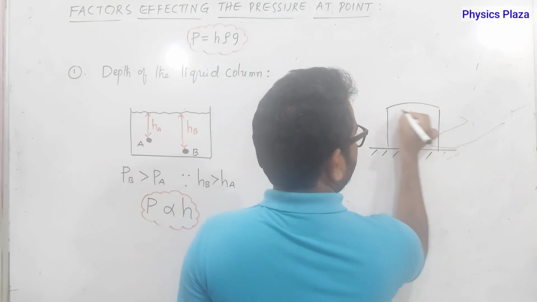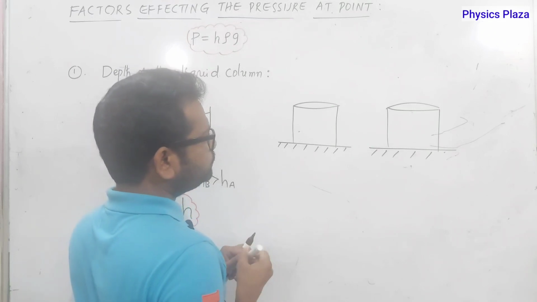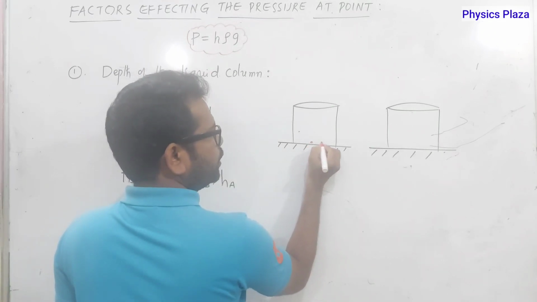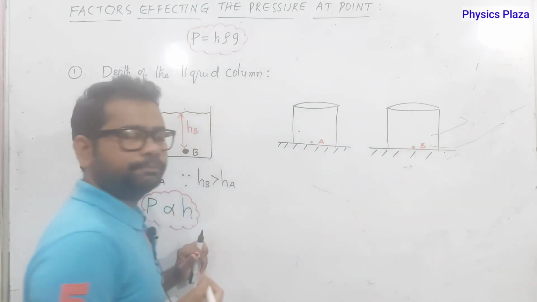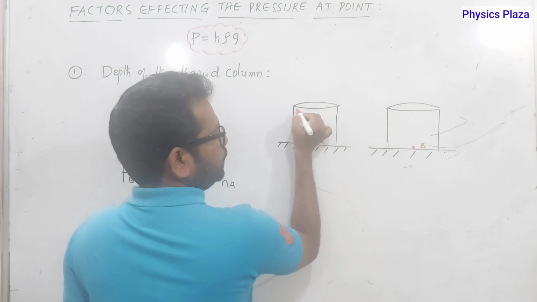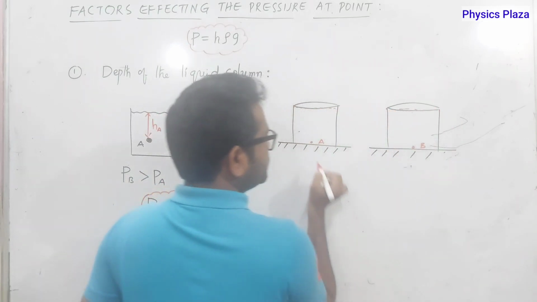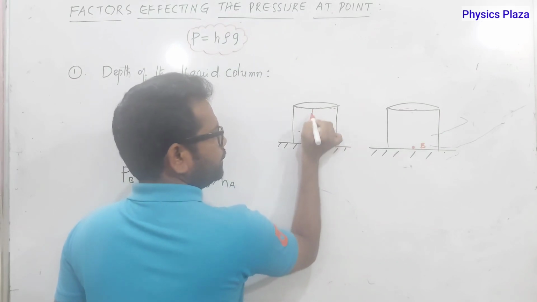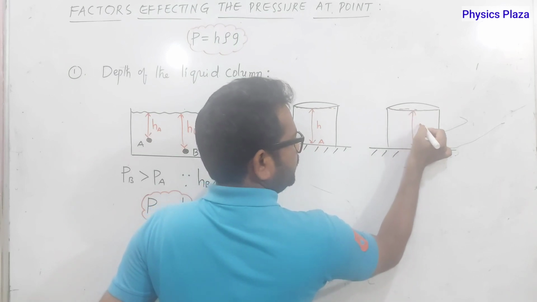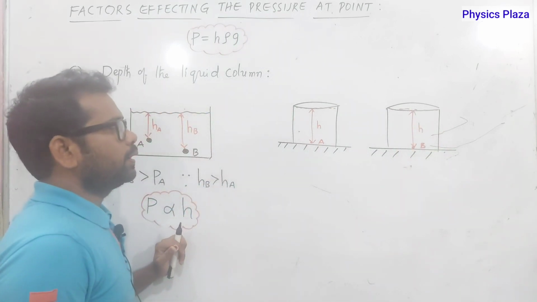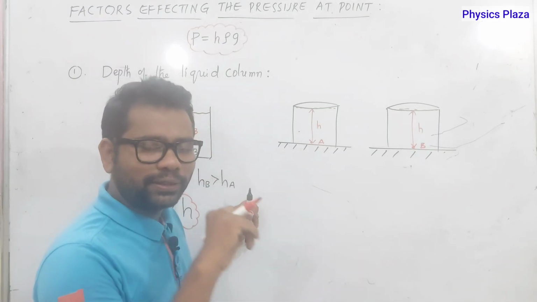In these two identical vessels, here I consider point A, here point B. The liquid is at a depth h here, and it is also at a depth h here. Now, children, just forget about the liquids first.